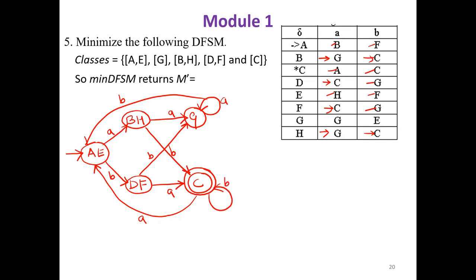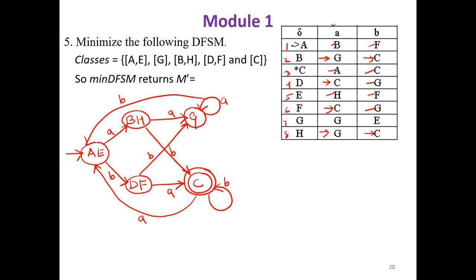So this is the minimized DFSM obtained, where initially we had 8 states, reduced to 5 states.